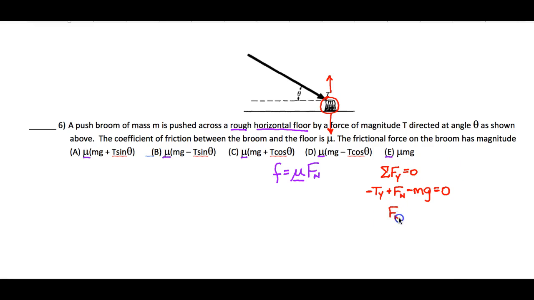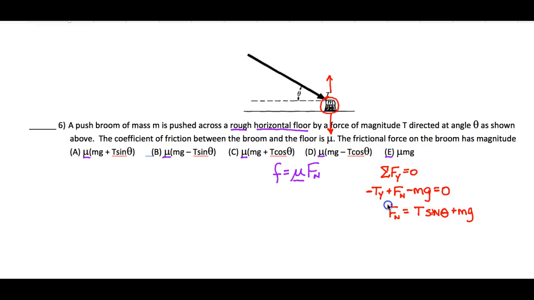When I do that, by adding both Ty and mg to the right-hand side, my normal force becomes T times the sine of theta, after I resolve my vector T into its y component, plus mg.